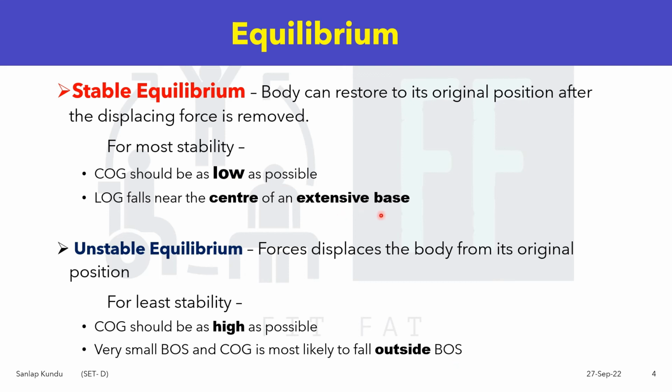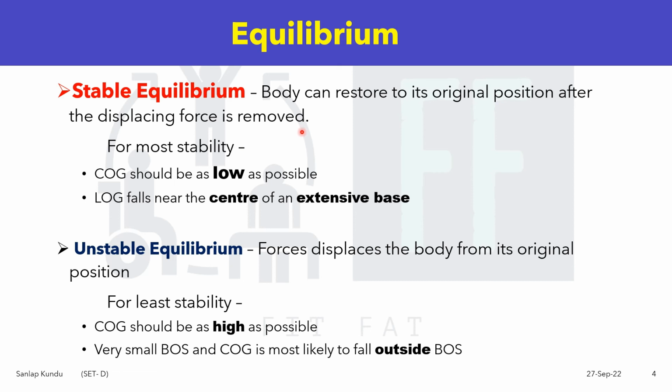Now in case of stable equilibrium, the base of support is extensive, whereas here the base of support is very small, and it is very likely that a little amount of force can disrupt the center of gravity so that it goes outside the base of support, and there is either a fall or a change of position.